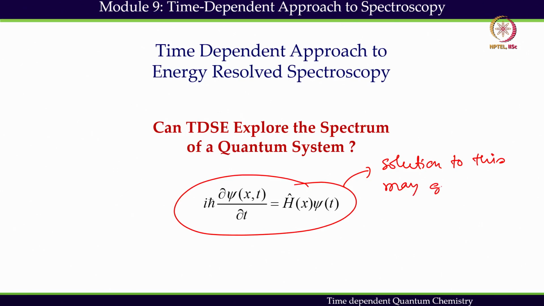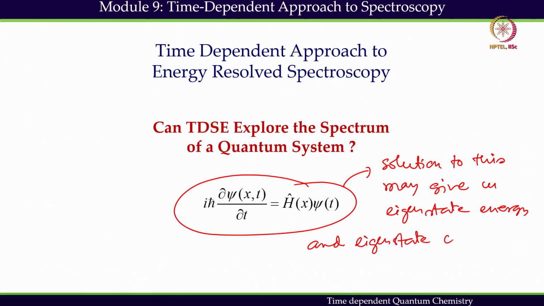We will see that the solution to this may give us eigenstate energy and eigenstate wave function for a given Hamiltonian.